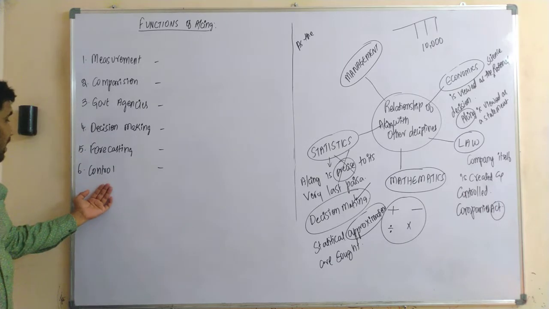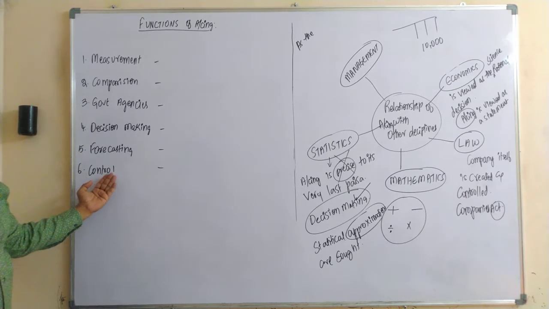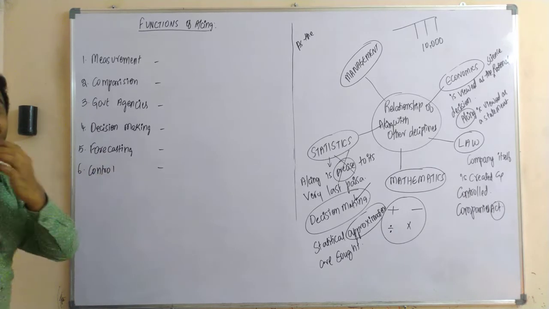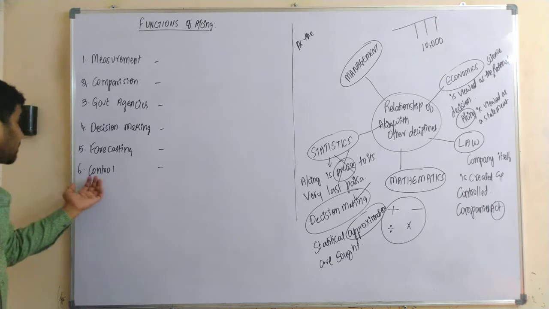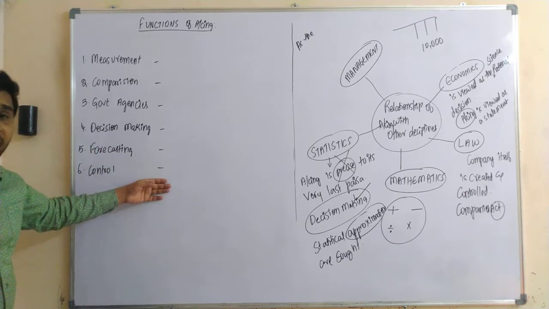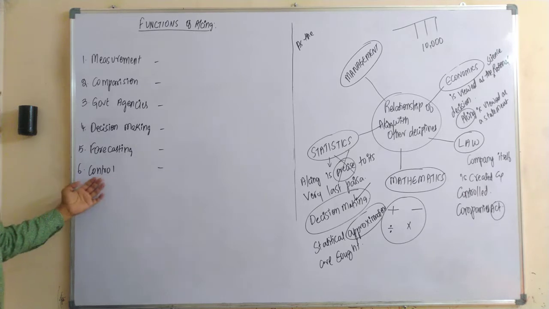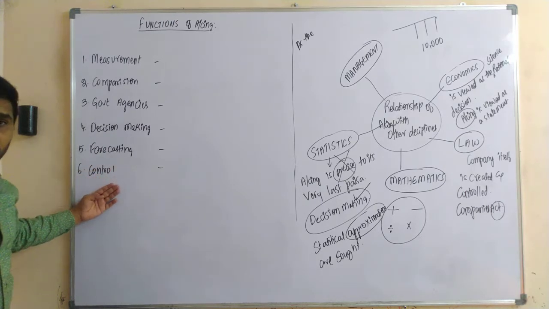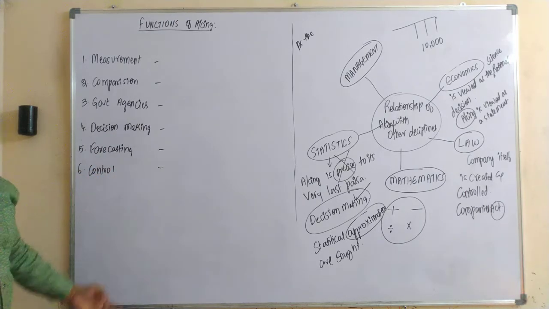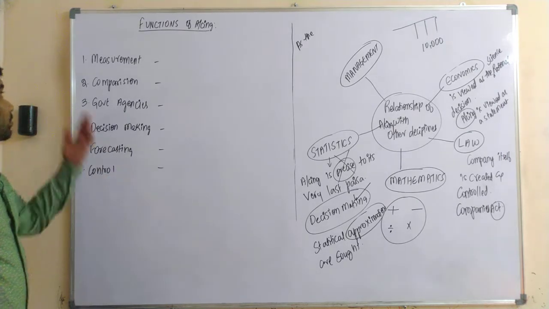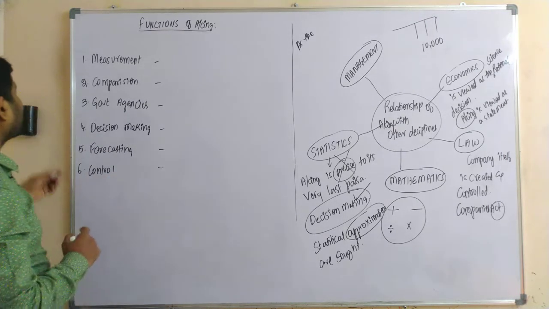By checking the loopholes of the operating system, or by identifying the loopholes of the financial statements, the accounting can suggest to the management to exercise the control in the operating system. So this is nothing but your functions of the accounting.